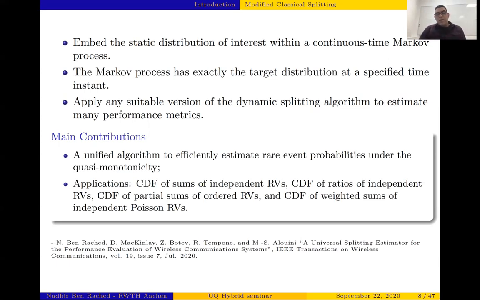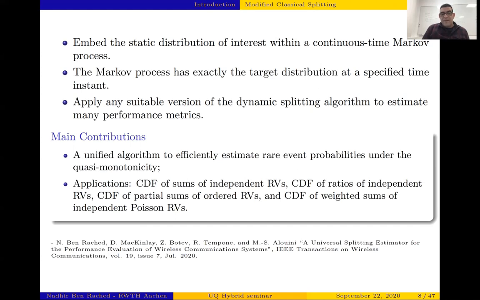So two main contributions will be shown in this talk. First, we will see that the proposed estimator is unified and it requires only quasi-monotonicity and independence among the random variables.